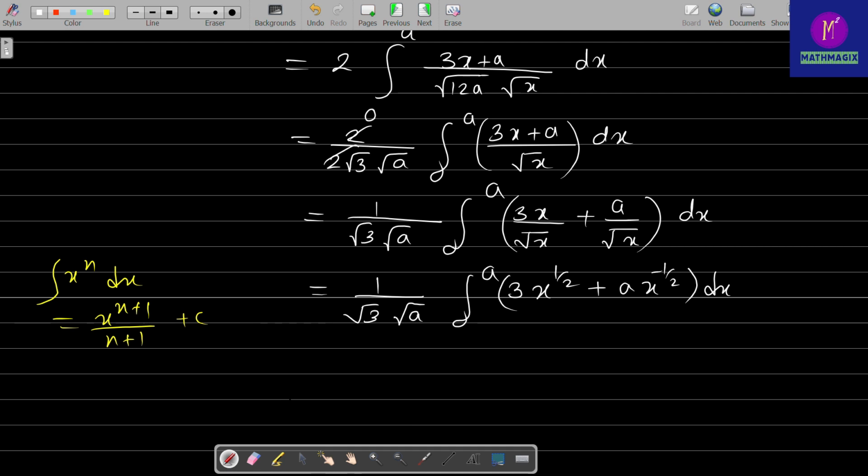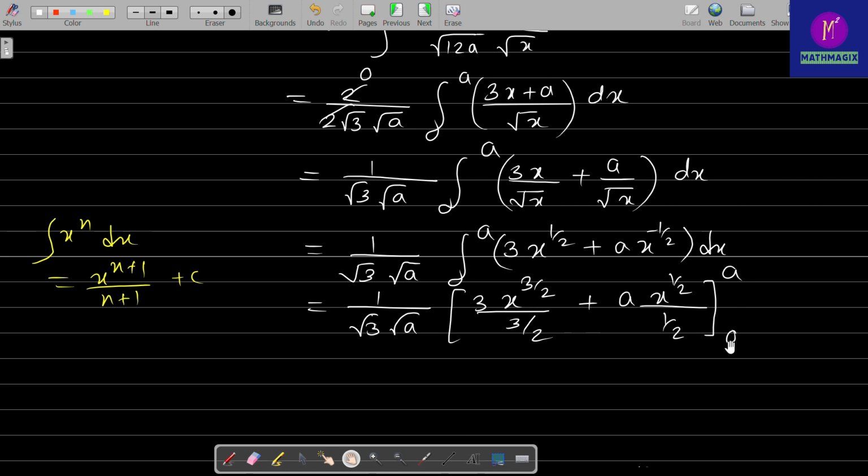So using this formula, we will get root 3 into root a, 3 into x raised to half plus 1, that is nothing but 3 by 2, upon 3 by 2, plus a into x raised to minus half plus 1, which is nothing but half. So x raised to half upon half, and the limits that we need to substitute are 0 to a.